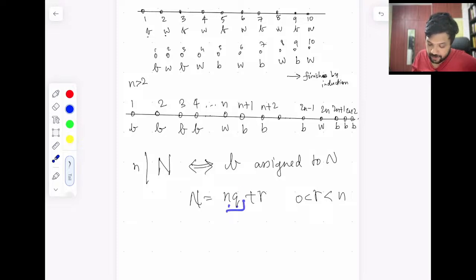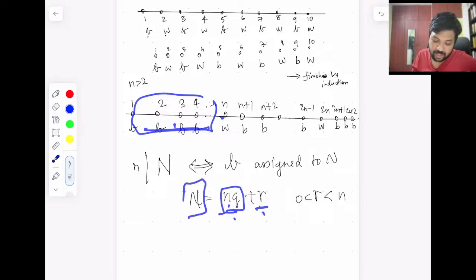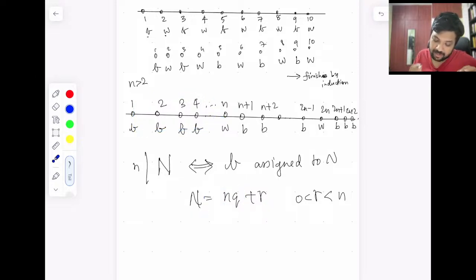So this is white, and r is less than n. Since n is the smallest such number which is assigned white, all of these are black. So the remainder here is black as long as it's non-zero. So therefore, the black plus white is black. So capital N is black. As long as a number is not divisible by n, it is assigned black. Now, if it is divisible by n, it must be assigned white because any multiple of n is white. Just now we have proved that. So we are done.